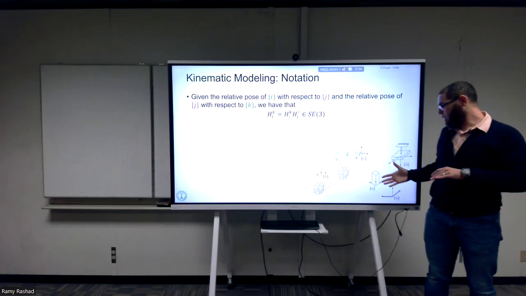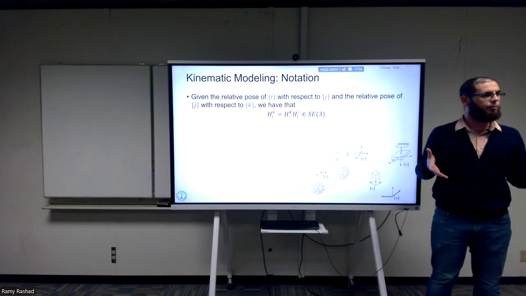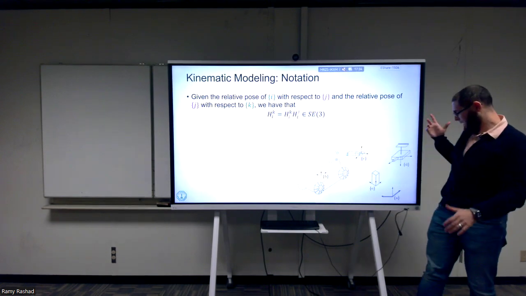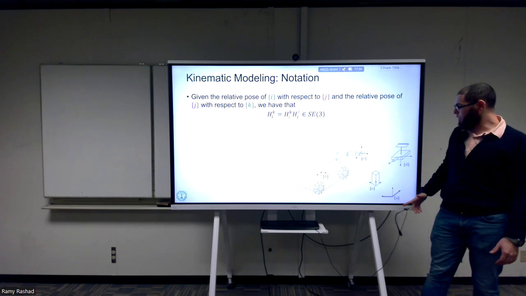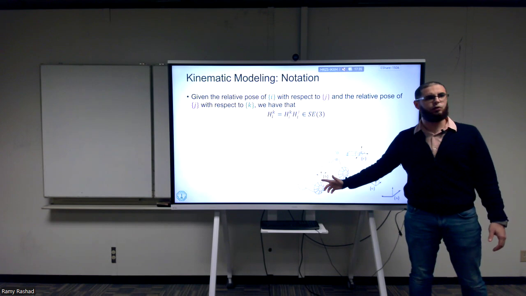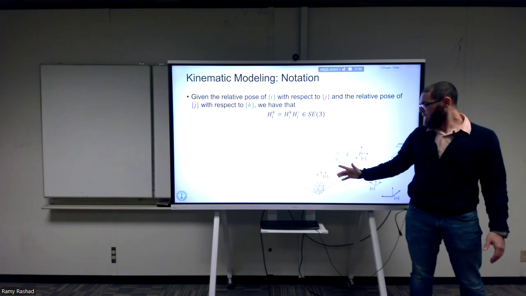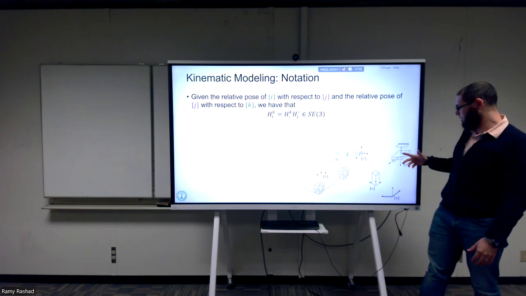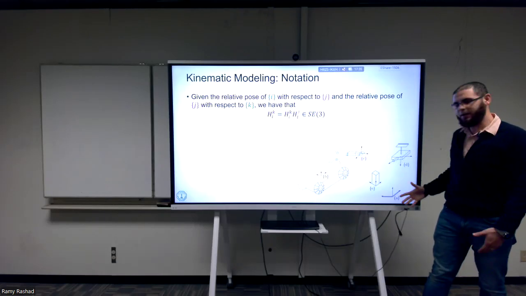Okay, so now if you're given, again, and this is something you face all the time, or if you're working in a practical example, usually you know the configuration, for example, of this camera with respect to the A frame. I know the configuration of the C frame, which is the end effector with respect to the body, by knowing the joint angles in between, something we're going to look at later, inshallah. And then I ask myself, if I have the C with respect to the camera, and this is what I get as an information or a measurement, what is the C with respect to the stationary frame?